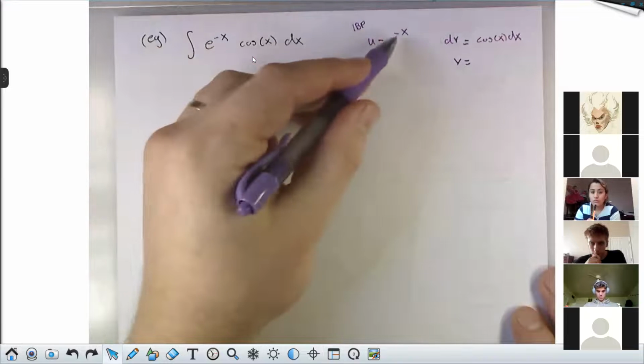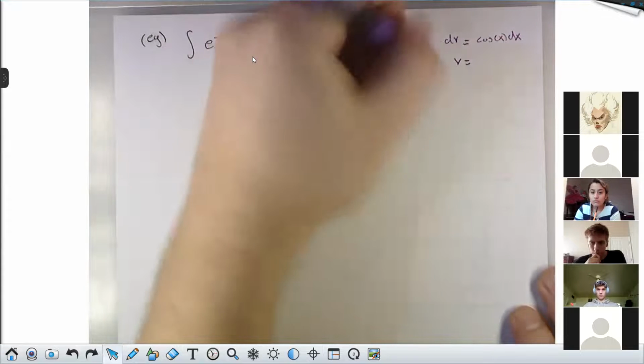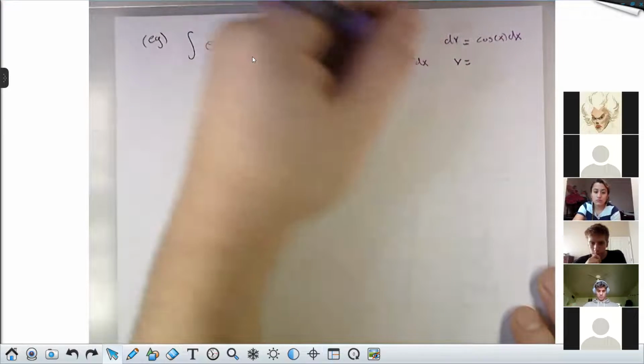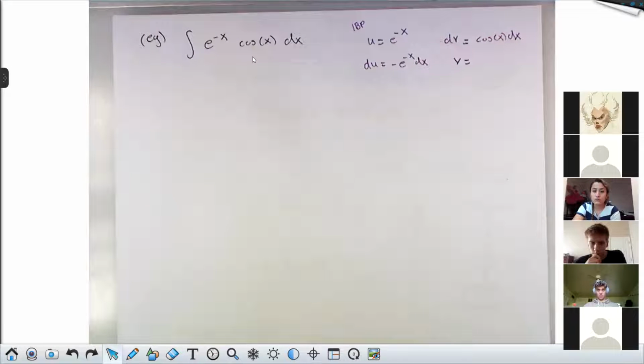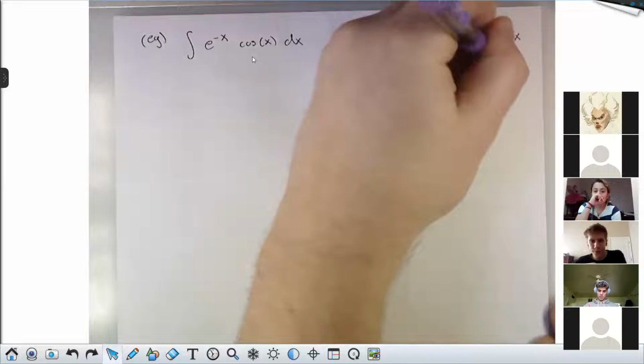So this would be e to the negative x times the derivative of negative x, which is negative 1. So that's negative e to the negative x dx. That's a chain rule derivative. I'm just putting the negative out front, right? Derivative of e to some stuff is e to that stuff times the derivative of that stuff. And then the antiderivative for cosine is sine.